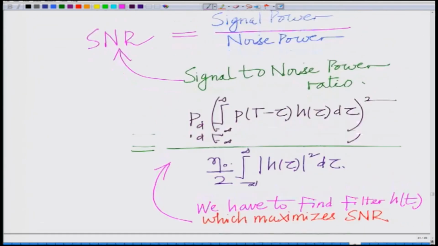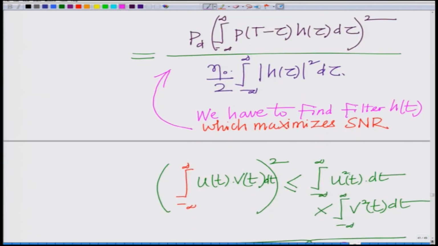Now, how can we use this property? Look at the numerator: the integral from minus infinity to infinity of p(T minus tau) h(tau) d tau, whole square. If I apply the Cauchy-Schwarz inequality, this is less than or equal to the integral of p square (T minus tau) d tau times the integral of h square tau d tau.